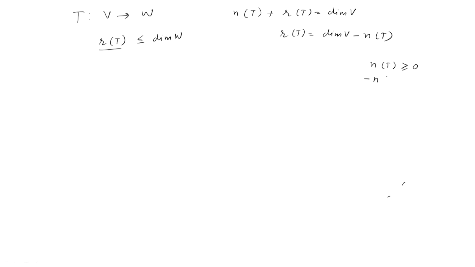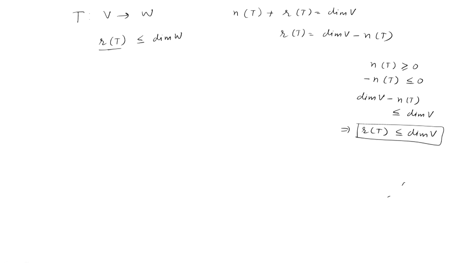So, minus nullity of T will be less than or equal to 0, that means the dimension of V minus the nullity of T will be less than or equal to the dimension of V. So, this implies the rank of T is also less than or equal to the dimension of V. Since it is less than or equal to the dimension of V and also less than or equal to the dimension of W, this implies the rank of T will be less than or equal to the minimum of the dimension of V and the dimension of W.